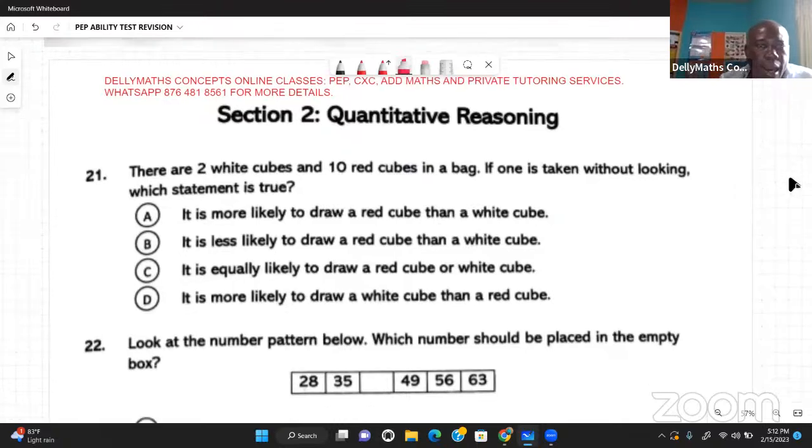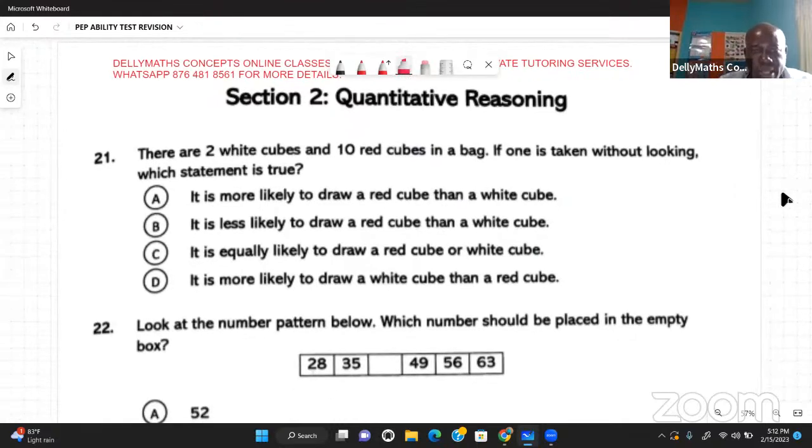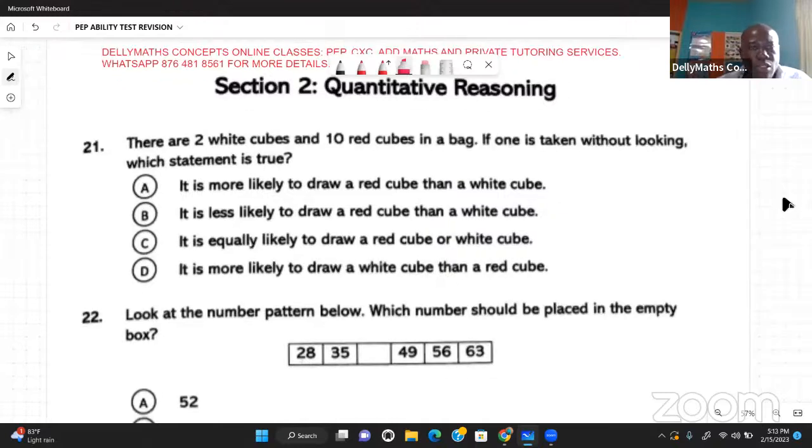All right, let's go. So we're looking at some more questions quickly. It says there are 2 white cubes and 10 red in a bag, right? If one is taken out without looking, that means you're going to take it out randomly.